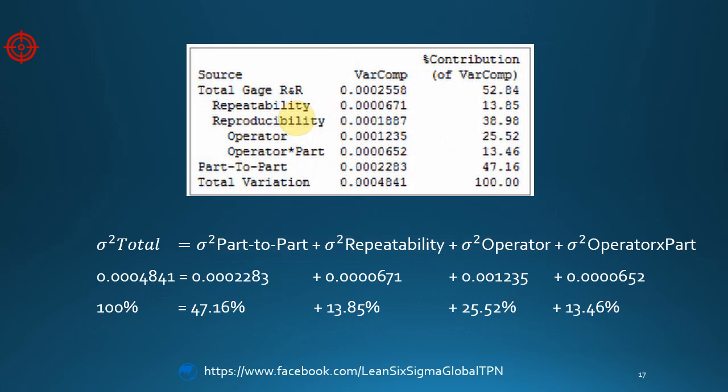The completed equation shows how each component of variation adds up to the total. Generally, it's a good idea to look at the ratio of each component to the total variation to get a relative perspective on its magnitude. These values are found in the column for percent contribution.